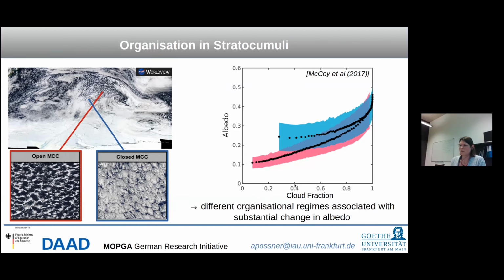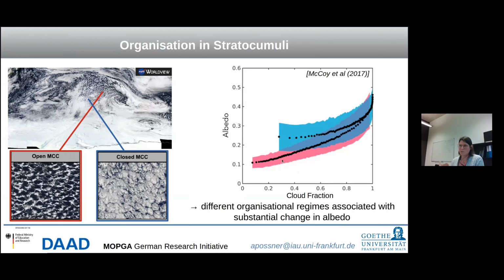So even if the regime is covered, like 40% of the area is covered by cloud, the open cell regime is still going to be less reflective than closed cells. And that has to do a lot with the dynamics of these types of clouds. This characteristic was isolated in this study.